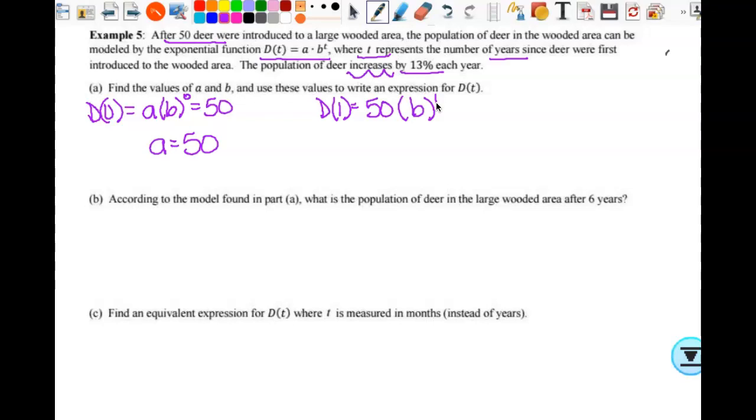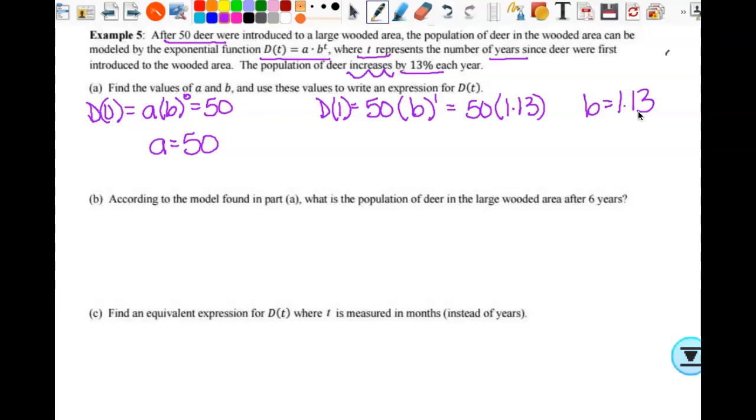Good. So 13%, I have 13% more, which means it's not just 0.13. B would have to equal, so basically this would have to equal 50 times 1.13. So that means that B has to equal 1.13, right? That kind of helps you reason through what you want to multiply by. You with me on that?